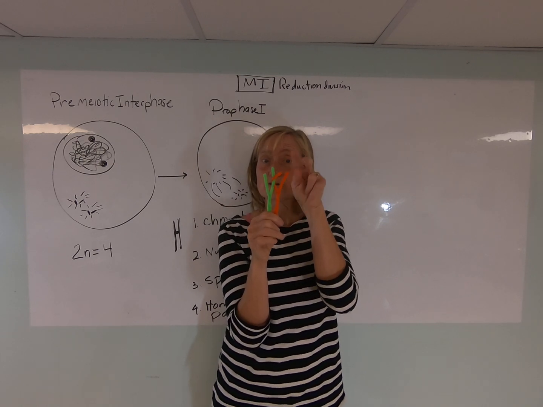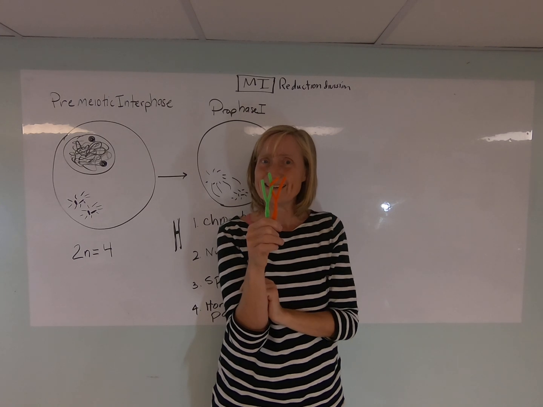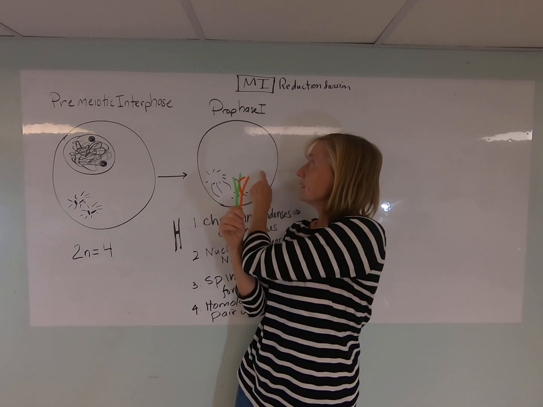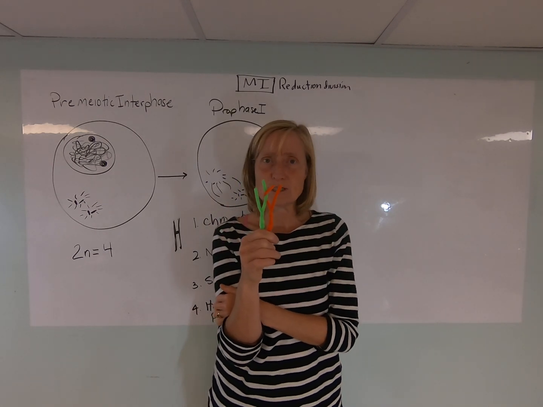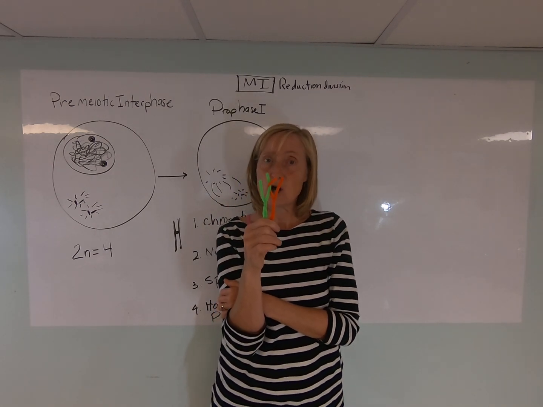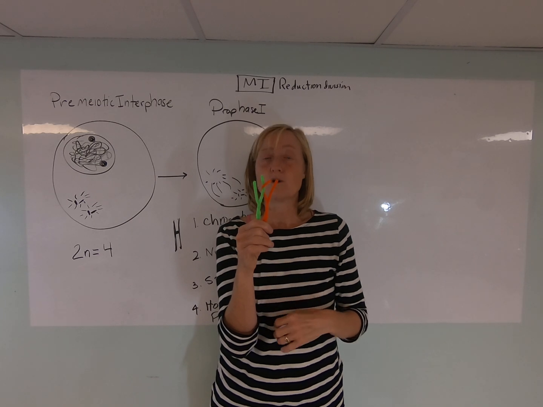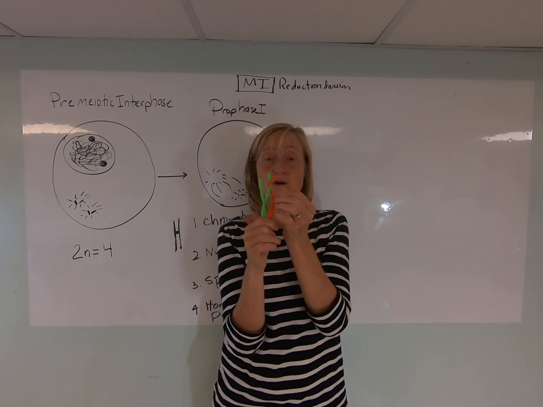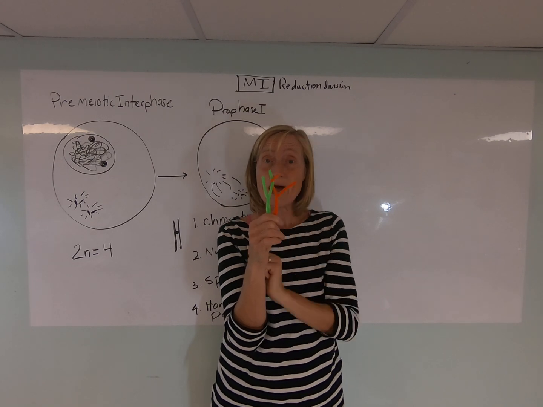The 2 orange ones aren't identical because the orange one gets a little bit of green. This is one source of genetic variation that shows up in prophase 1 of meiosis. And it's called crossing over or genetic recombination, as these non-sister chromatids swap genetic material.